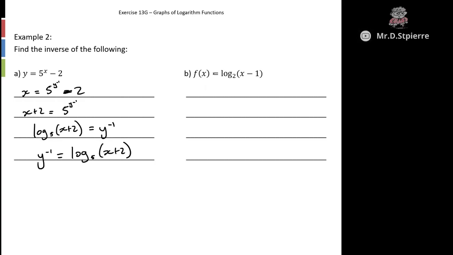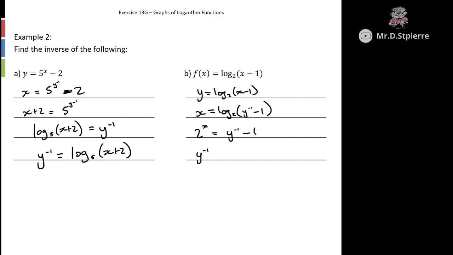f of x is equal to log base 2 of x minus 1. We could rewrite this as y equals log base 2 of x minus 1. We can switch our x and our y, so we get x equals log base 2 of the inverse of y, minus 1, and now we start rearranging. So to rearrange, we're going to end up with 2 to the power of x is equal to the inverse of y minus 1.